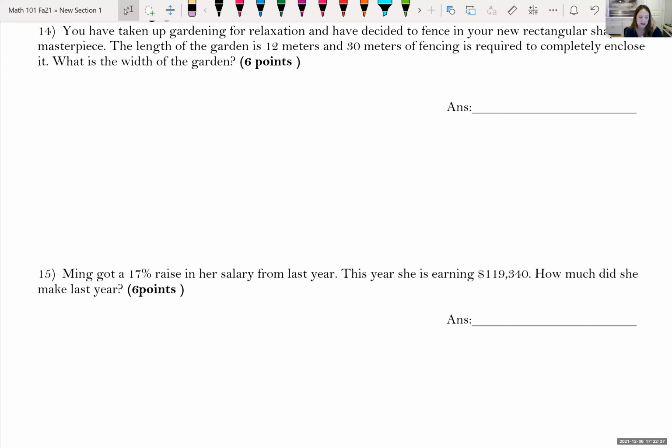So the next problem in front of us says you have taken up gardening for relaxation and have decided to fence in your new rectangular shaped masterpiece. The length of the garden is 12 meters and 30 meters of fencing is required to completely enclose it. What is the width of the garden?